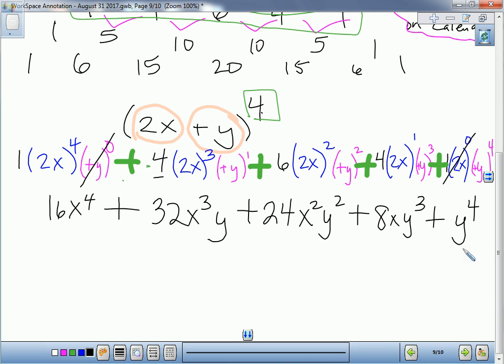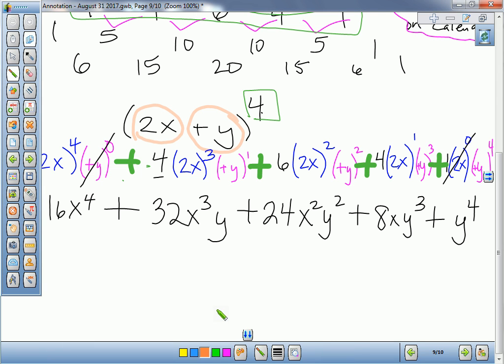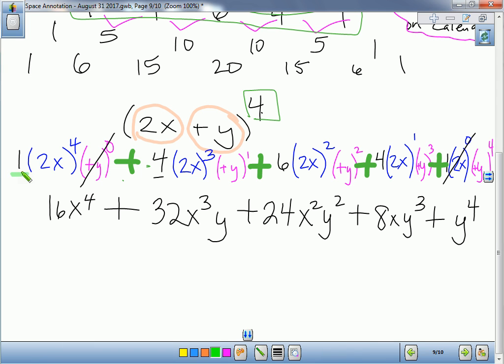And that is how we can expand a binomial using Pascal's triangle. So the part that Pascal's helps us with is finding all of these coefficients. It helps us to know that this is 1, 4, 6, 4, 1.